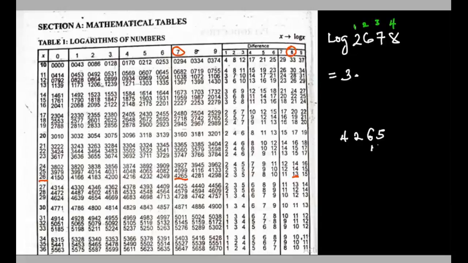When you add these values together, 5 plus 3 is 8, 6 plus 1 is 7, I have 2 and 4. Finally, my answer becomes 4278. And that is why the logarithm of 2678 is just 3.4278.